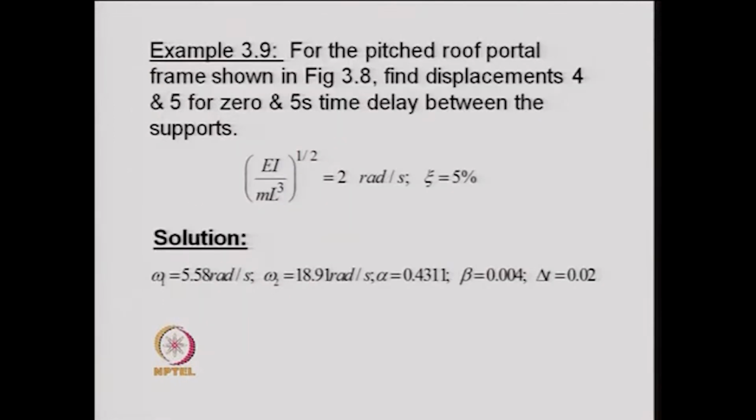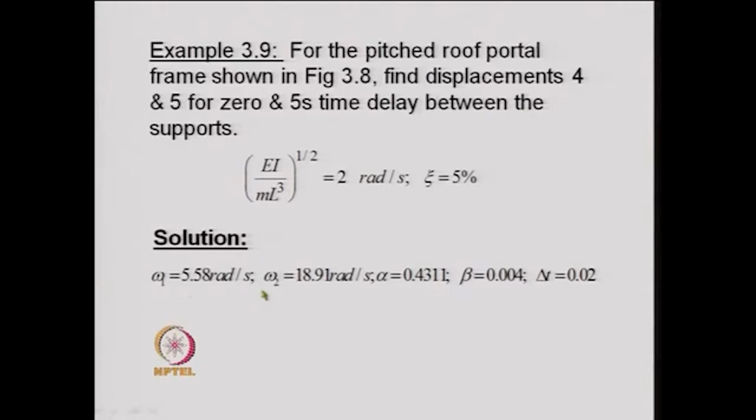Next, we solved the pitch roof portal frame, and if you recall, in the pitch roof portal frame we had the degrees of freedom, one in the horizontal direction and the other at the crown in the vertical direction. These were the 2 degrees of freedom, and for that we assume the 5 second time delay between the two supports.